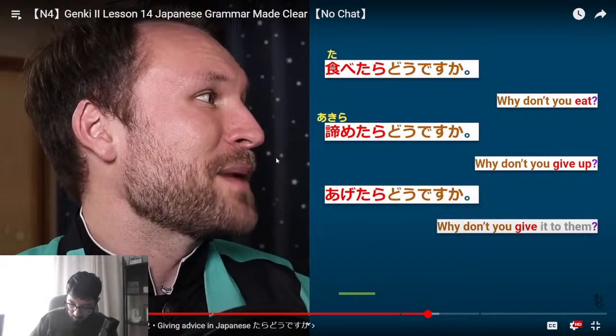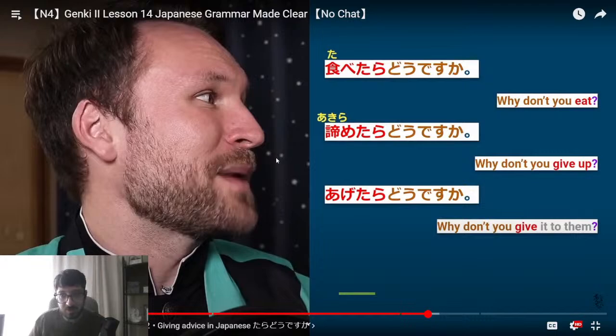Let's write one sentence. Always with た. I wrote 食べた so many times. People like to use 食べ in their examples. 食べたらどうですか. Always the first example has to be 食べ.